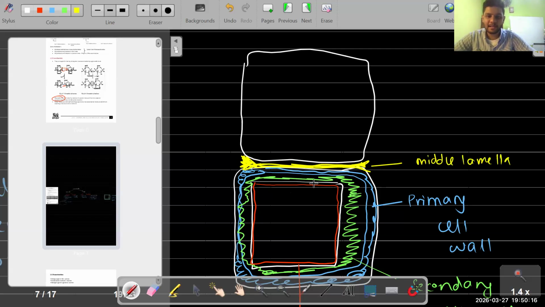Can you understand what is middle lamella now? Between two cells, the gluing agent that attaches the cell walls of two cells. It is looking like a glue, a gum. Can you understand what is middle lamella? Yes or no? Yes. Is it clear for all?